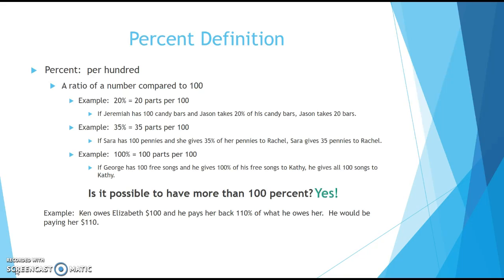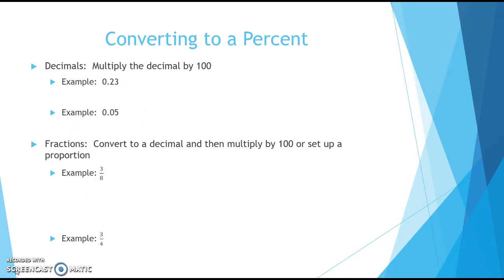He'd be paying her $110. This is how interest works. If people are charged interest, you pay more than what you were originally owed. And so you can have more than 100%, more than 100 parts per 100, which is hard to envision unless you look at it in a numerical, in a money type of sense with currency. Okay. So that's just the basics of percents.